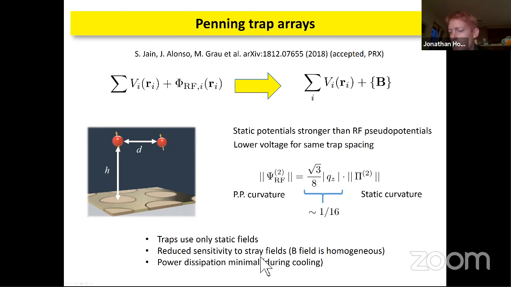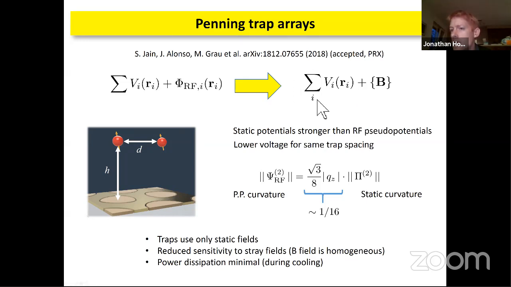We don't have to worry about stray fields in this case, because we're not aligning two microscopic potentials on each other. It's just going to move our trapping static potential a little bit. And this is a homogeneous field, so we don't have to worry too much about our position in the homogeneous field. And it's nice because this type of trapping only uses static fields. So by contrast with the RF traps, there shouldn't be any power dissipation in the chips here.